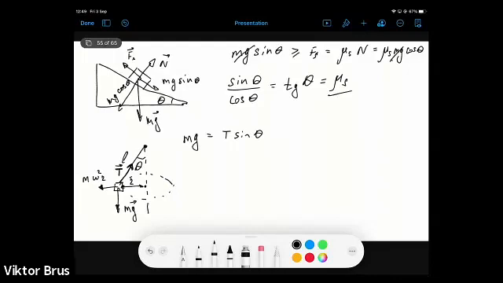So we can draw actually here this force diagram to be more clear. Mg, here we have m omega squared times r. Here we have T. So the projection of this T on the radius, this is our angle theta, will be T times sinus theta.